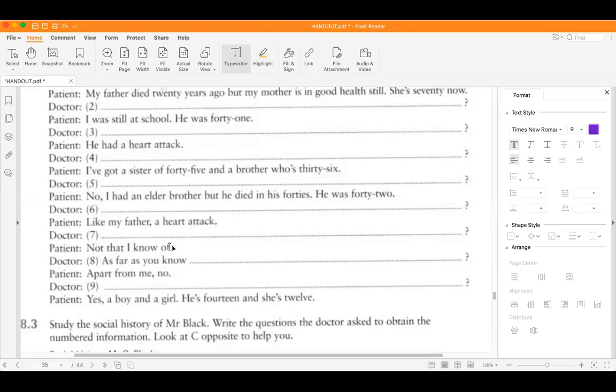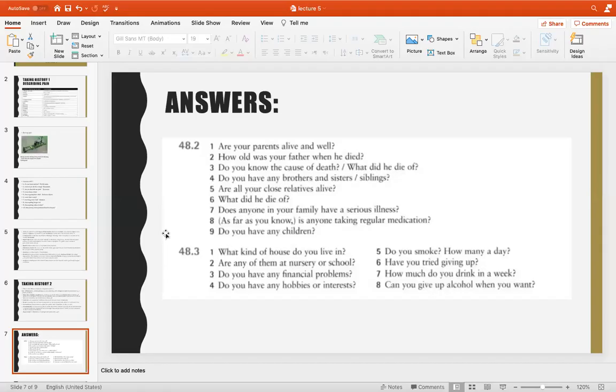Not that I know of. So this question will be about the family history. Does anyone in your family have a serious illness, any persistent illness?